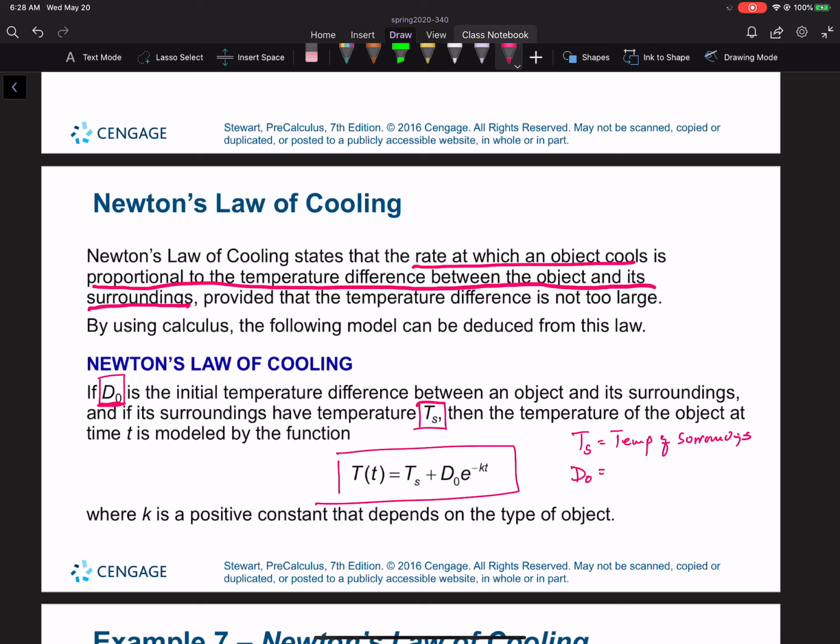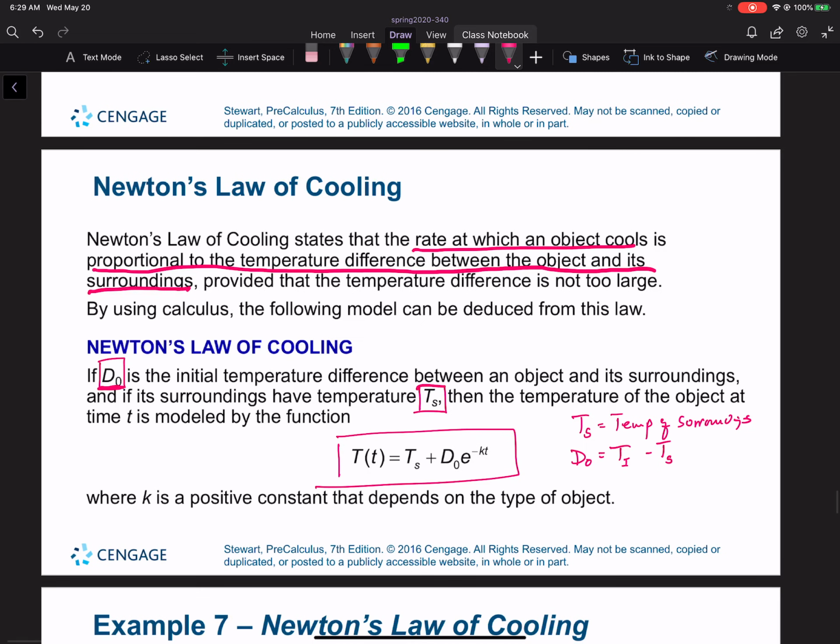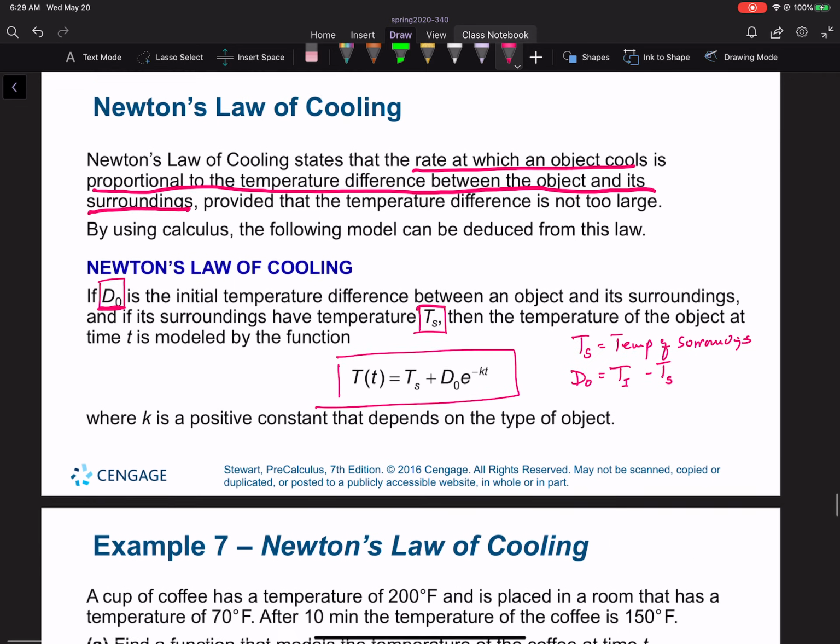D naught is equal to the initial temperature minus its surroundings. And K is a positive constant, which depends on the type of object you're working with.